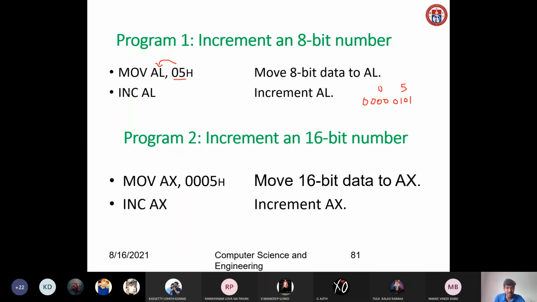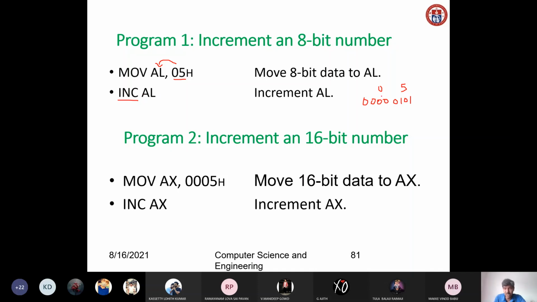Next, I'm incrementing the AL value. This is an arithmetic instruction. INC AL will increment the AL value by 1.